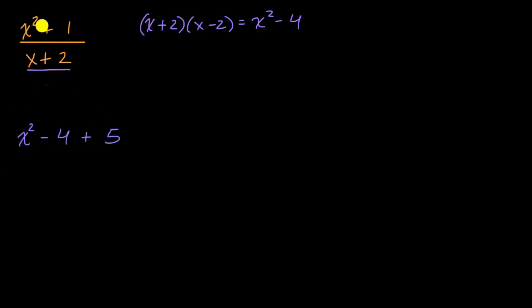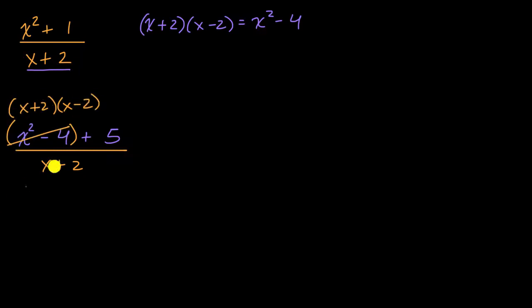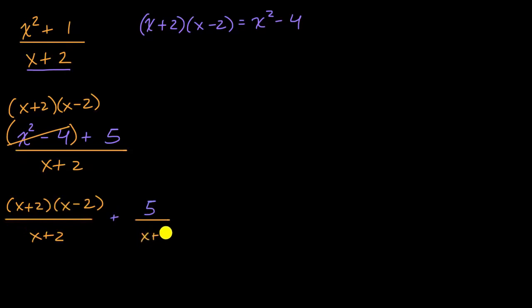So what if we were to write x squared minus 4, and then we write plus 5. This expression and that expression up there are completely equivalent. But why did I do that? Well, now I can write x squared minus 4 as x plus 2 times x minus 2. And so then I could rewrite this entire expression as x plus 2 times x minus 2, all of that over x plus 2, plus 5 over x plus 2.